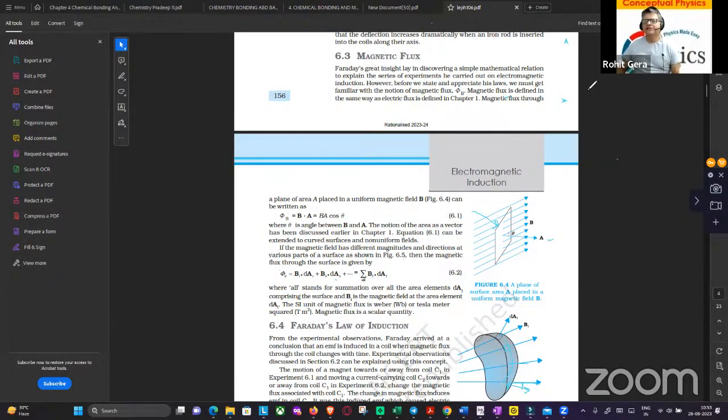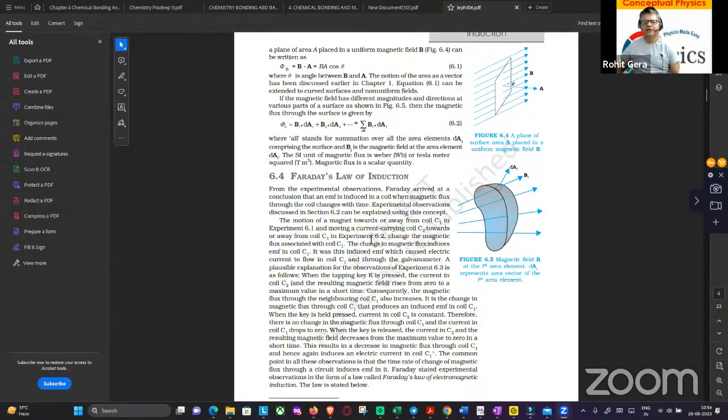So some external source comes and does that, like a magnet, like a coil having battery and tapping, like a bar magnet having relative motion with another coil. There are various mechanisms to produce that EMF or deflection in the galvanometer.